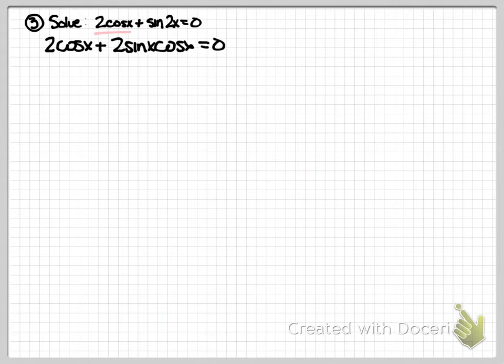Now we just solve it like we did in the last unit. So I have a common factor of 2 cosine in both terms. So I'm going to factor that out. That's going to leave me 1 plus the sine of x equals 0. Apply our zero product property.